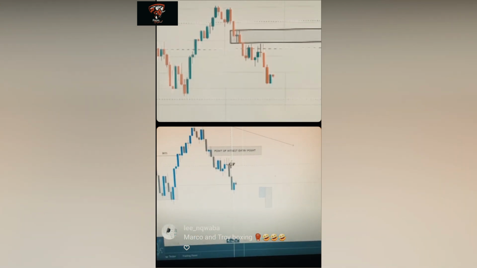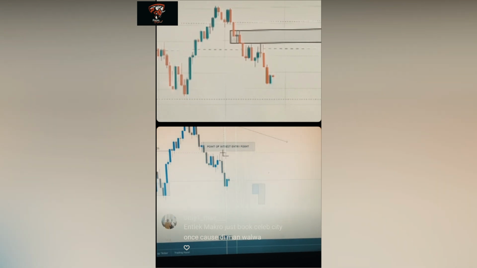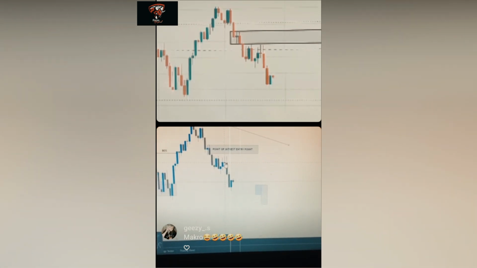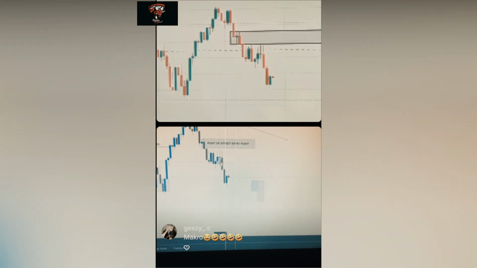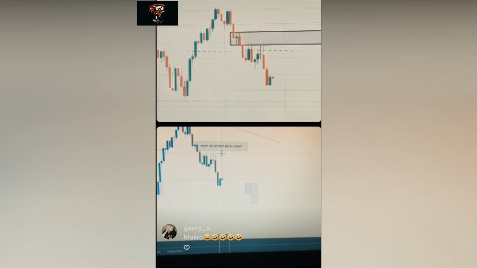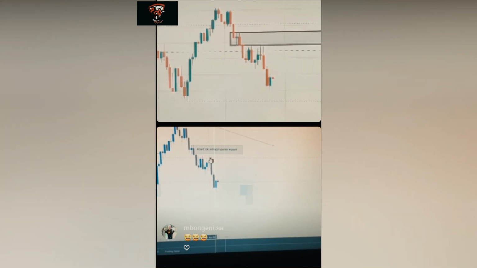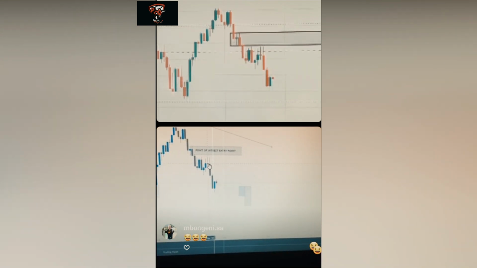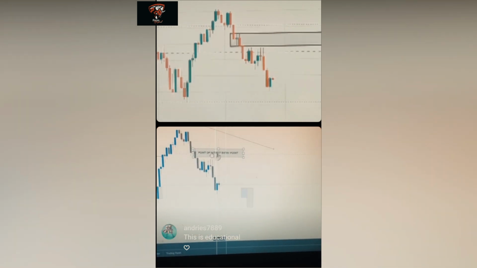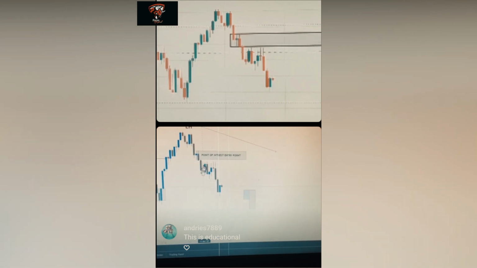So to find a point of interest here, why would I sell here? I don't get a valid reason for myself why I need to sell the market at this area. This is the liquidity here. I don't find any reason that can make me sell the market here. So I'm choosing this one instead of this one because this is liquidity.